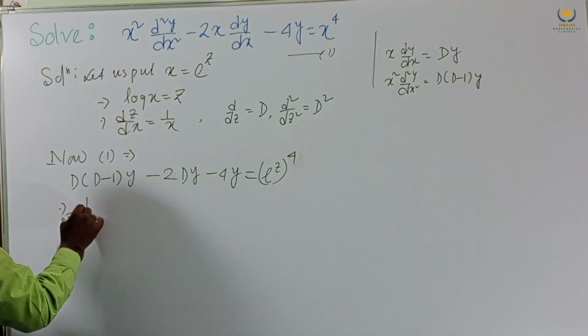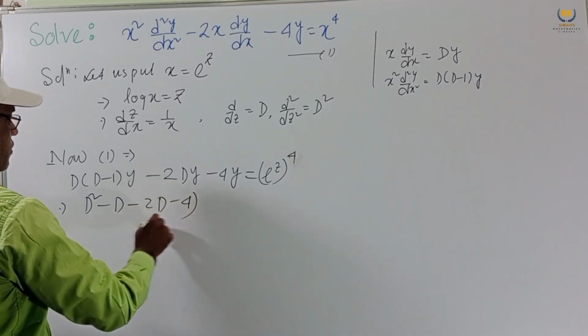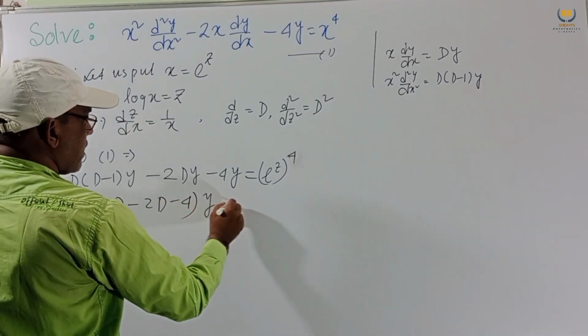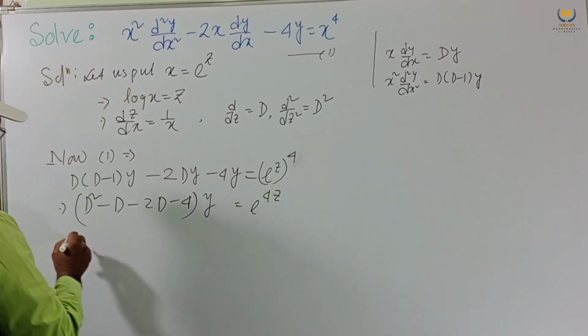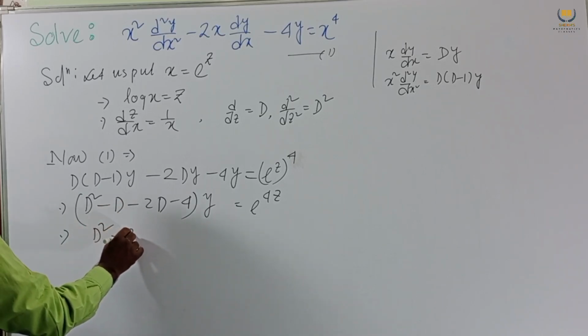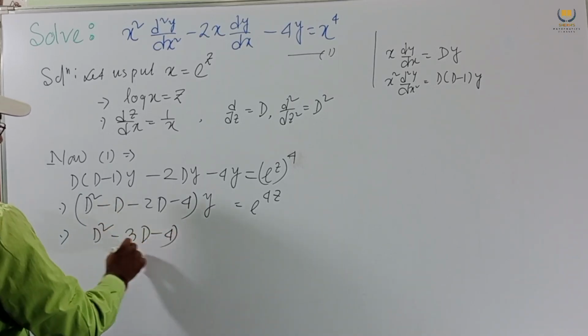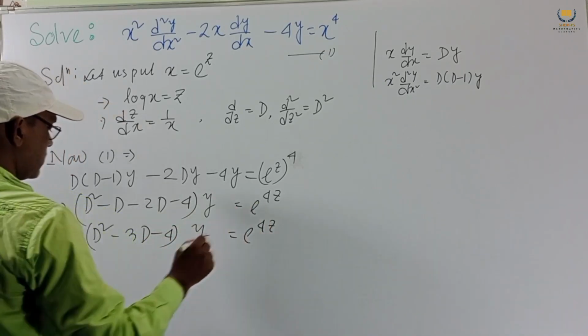Taking y common, this is D square minus D plus twice D minus 4 y equals e to the power 4z, and this is D square plus D minus 4 y equals e to the power 4z.